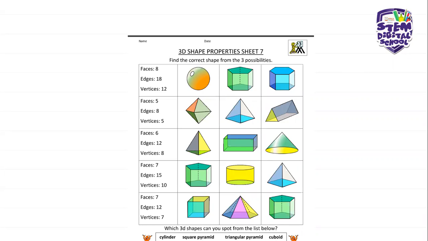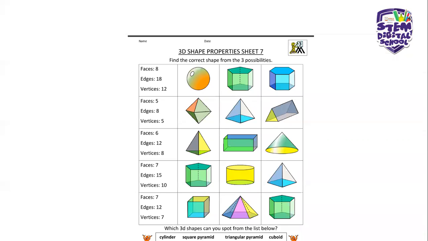Faces, there are 8 faces, 18 edges, and 12 vertices. Now the key question that must be answered, is this a sphere? Are these the properties of a pentagonal prism, or are these the properties of a hexagonal prism?